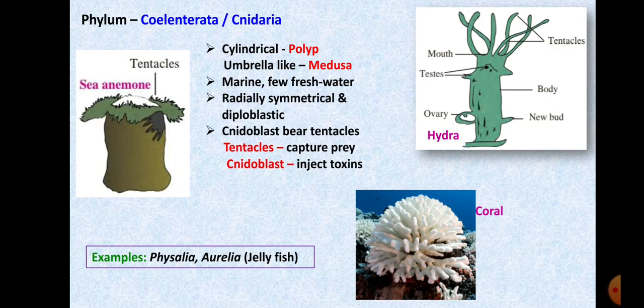Okay, so once injected into the body of the prey, it would kill the prey, and that would be the food of Hydra or whichever other organism is present in phylum Coelenterata. This is how they can capture their food, they can attack their prey, and they can protect themselves from predators as well, right?